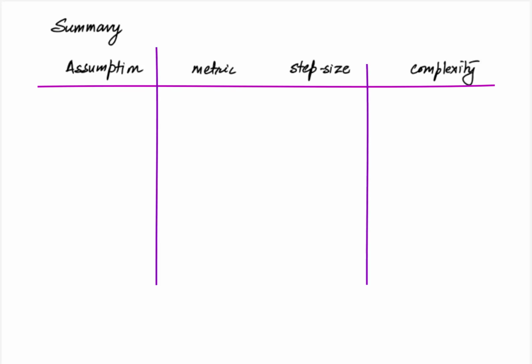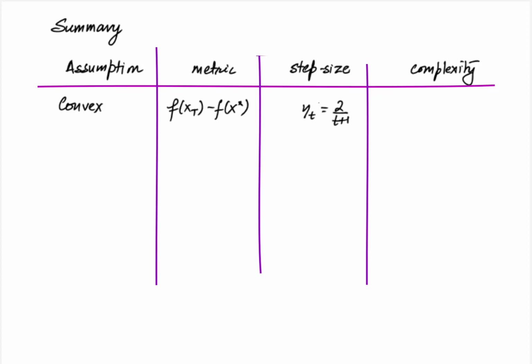Let us summarize the results obtained for the Frank-Wolfe case. So we have the assumption, and let us write down the metric, the step size, and the oracle complexity that we have obtained for that step size. First we have the convex case where the metric was the optimality gap at x of capital T, and the step size was eta t equal to 2 by t plus 1.